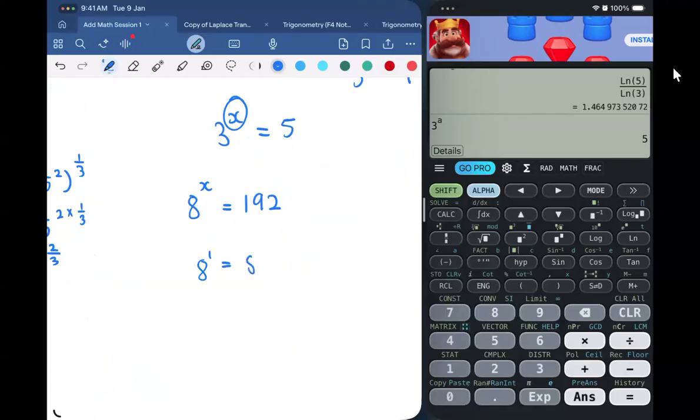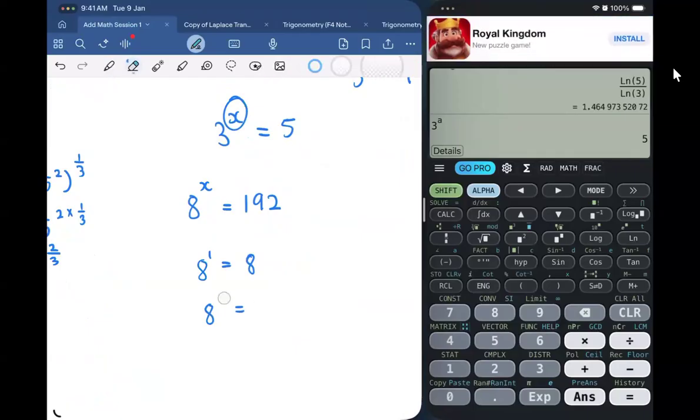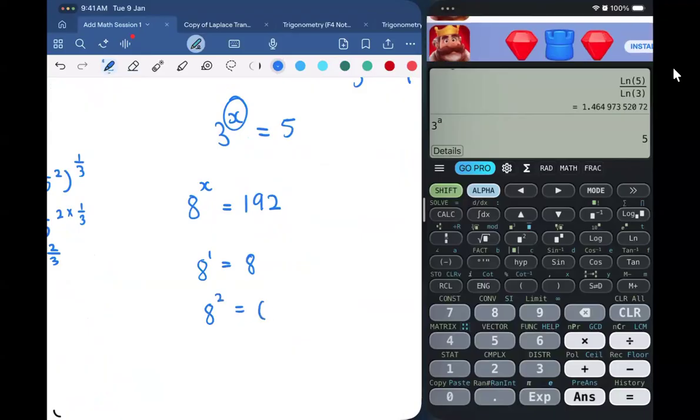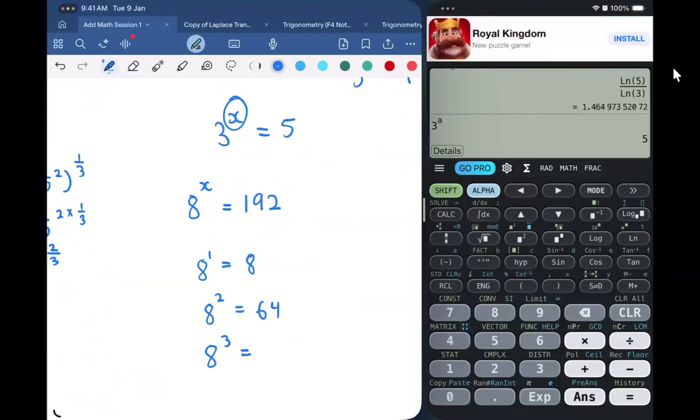What is 8 to the power 2? 64. What is 8 to the power 3? 512.